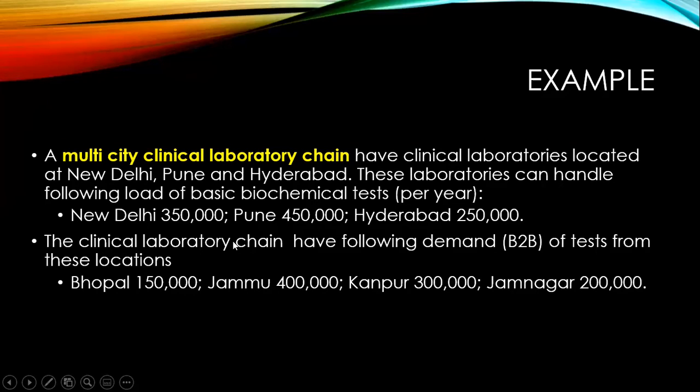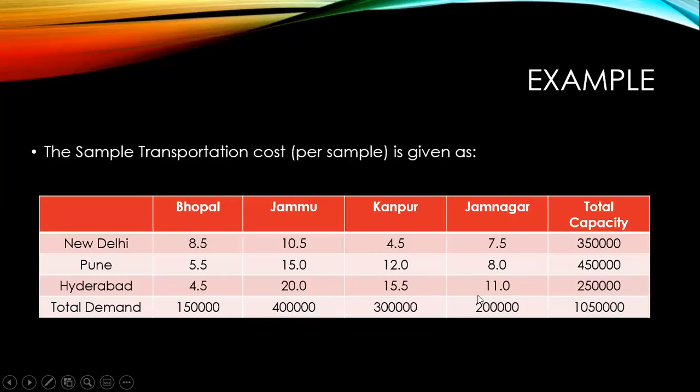This multi-city clinical laboratory chain has the following business-to-business demand for tests from these locations: Bhopal, Jammu, Kanpur, and Jamnagar. These are again cities in India, and these are the quantities of demand for tests.